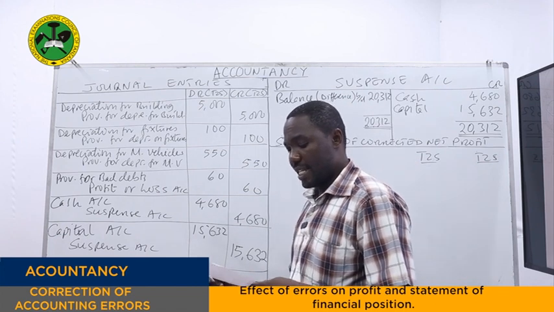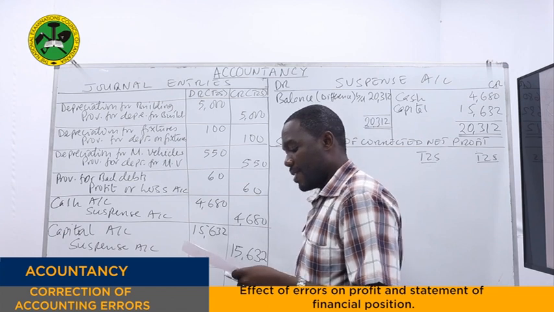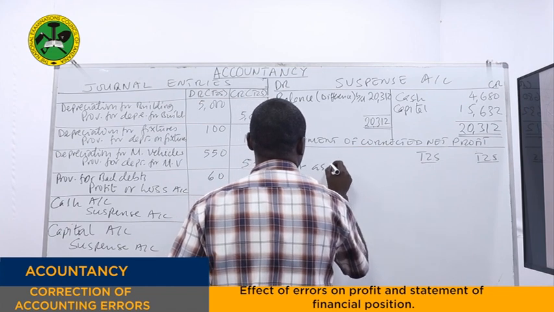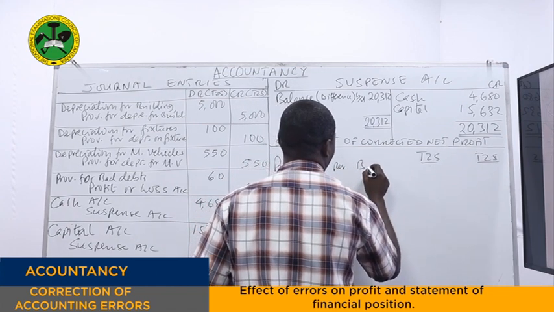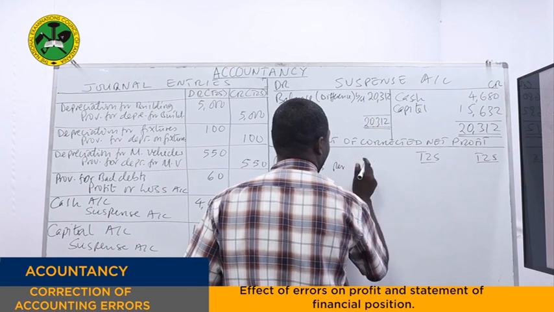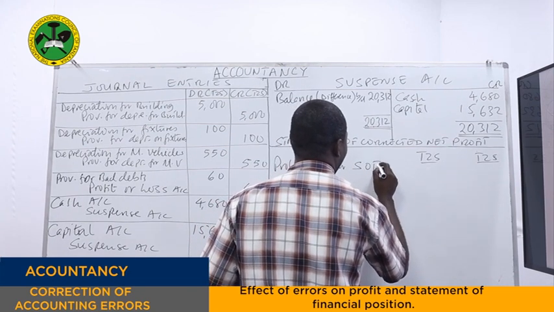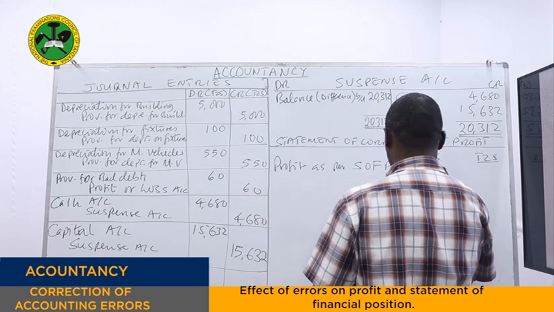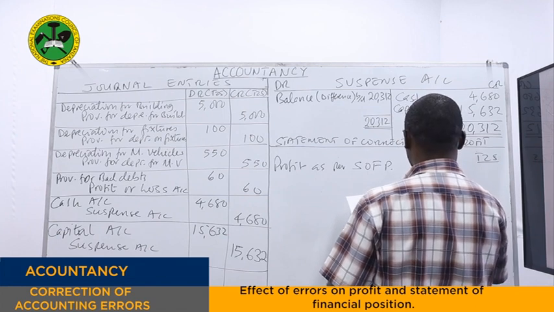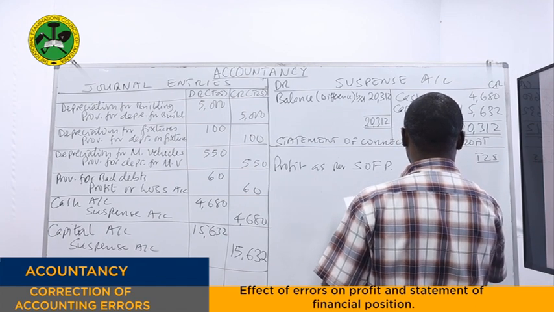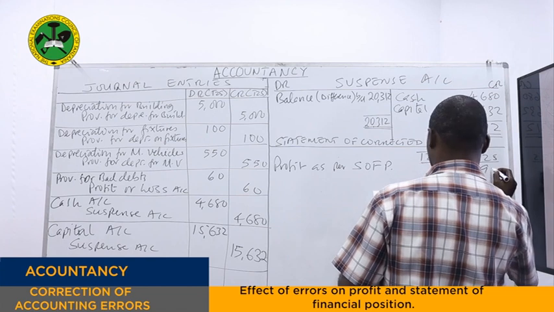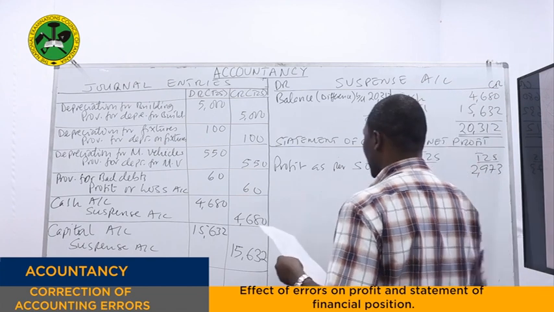So the profit shown in the balance sheet, that is the profit as per statement of financial position, was 2,973. That was the reported profit.